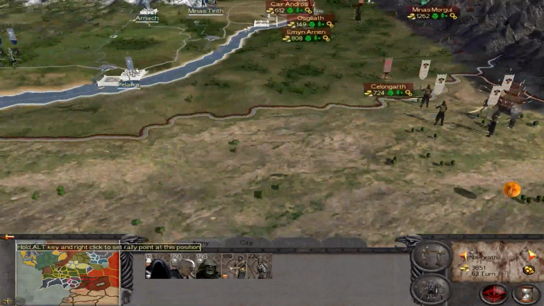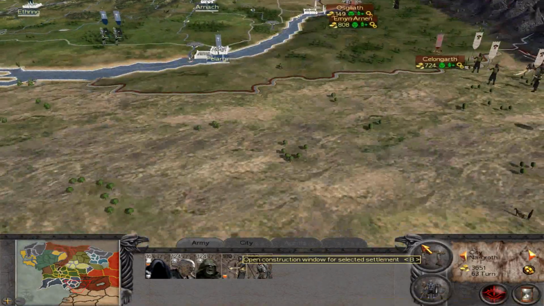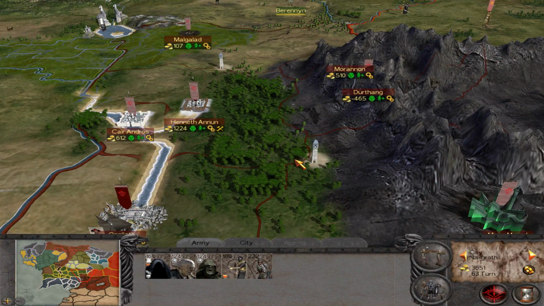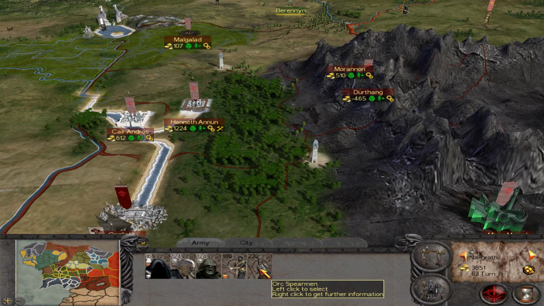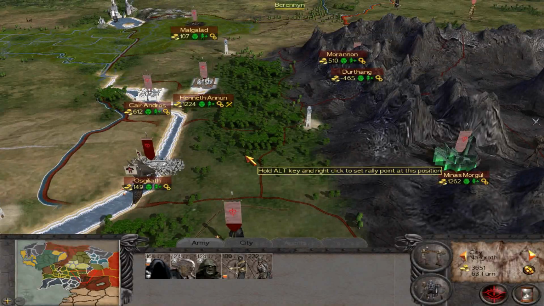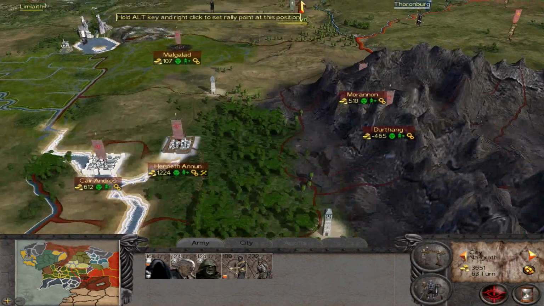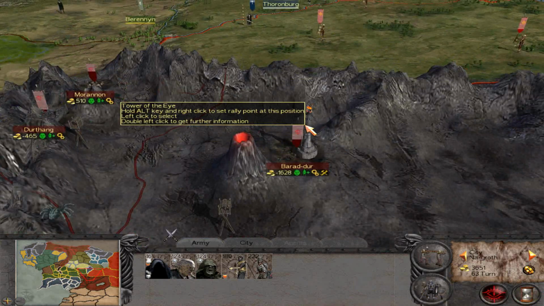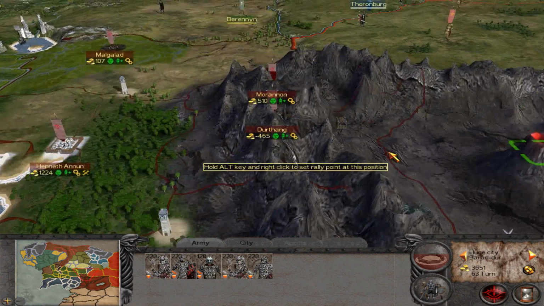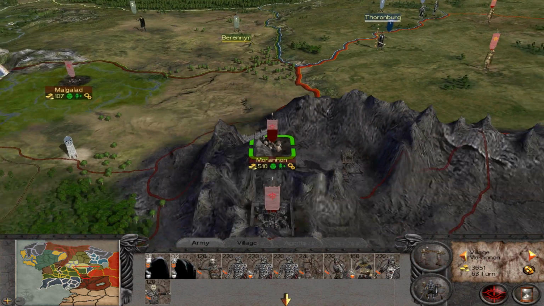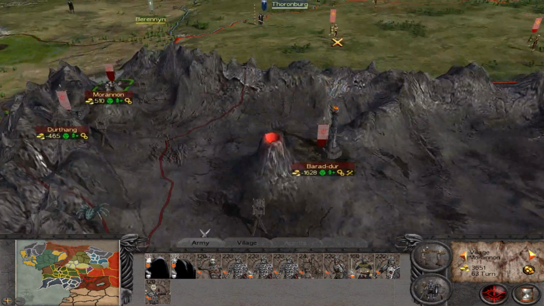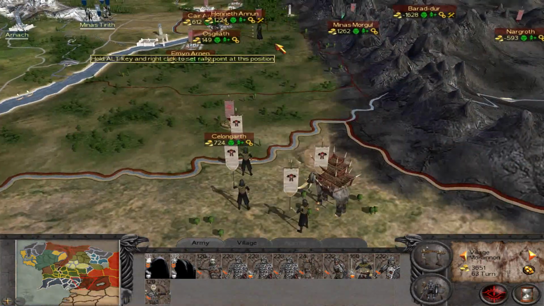Okay. So the reason we can see the entire map is because we have the ring. See, the last episode I did in 2013, or one of the last episodes, I believe in May or March 2013, the Witch King killed Frodo and Sam and took the ring. Then he managed to go back to Barad-dûr and give the ring to Sauron, after which huge armies of trolls and orcs spawned, and Sauron was able to move out of Barad-dûr in his humanoid form.